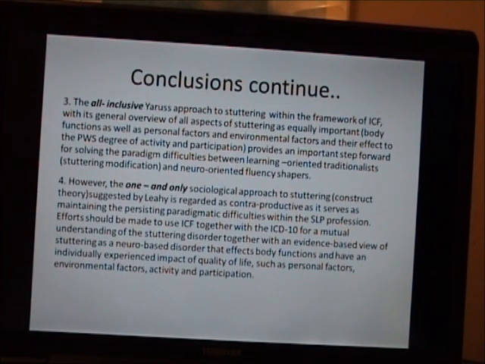Efforts should be made to use ICF together with the ICD-10 for a mutual understanding of the stuttering disorder together with an evidence-based view of stuttering as a neuro-based disorder that affects body functions and has an individually experienced impact on quality of life, such as personal factors, environmental factors, activity, and participation.